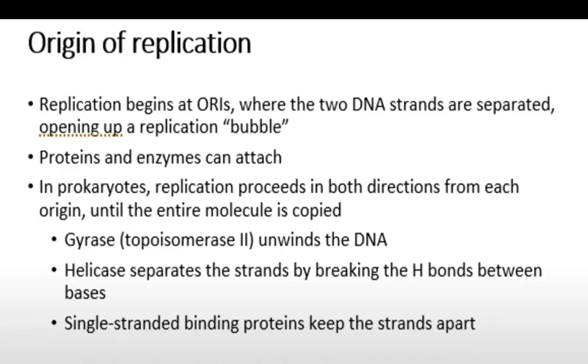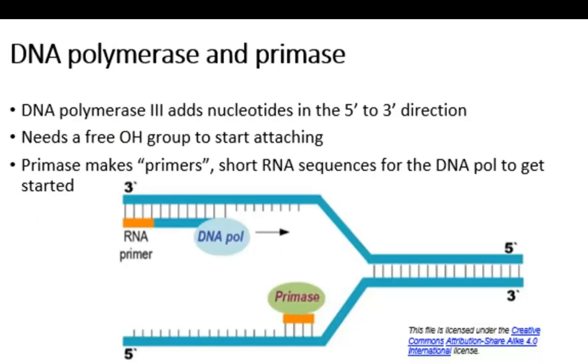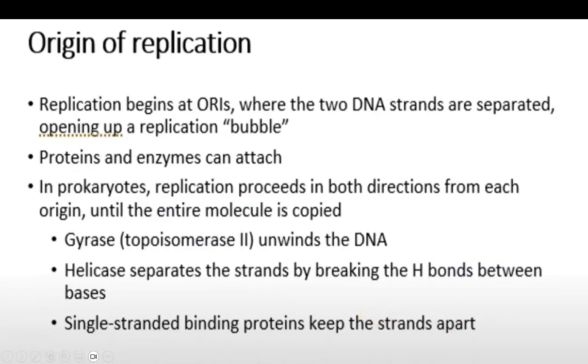It makes the replication bubble, and the two openings are called replication forks. Then the proteins and enzymes that we are going to learn about can attach to this region. In prokaryotic cells, the replication can continue from the origin of replication until the entire molecule is copied.